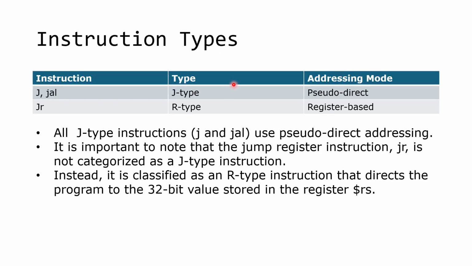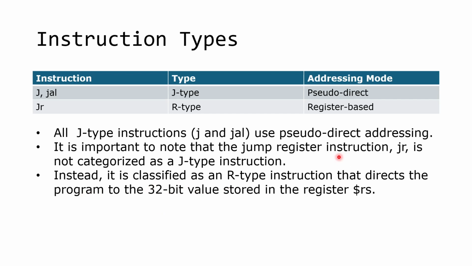Now, instruction types. All J type instructions, J and JAL, use pseudo direct addressing because they are under J type. But there's one exception, JR. JR is a jump register instruction. It is not categorized under J type but R type, because it is register based. It directs the program to the 32-bit value stored in the register RS.